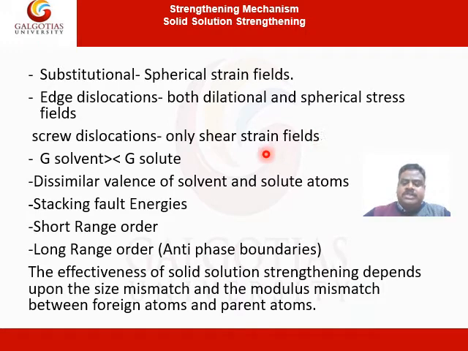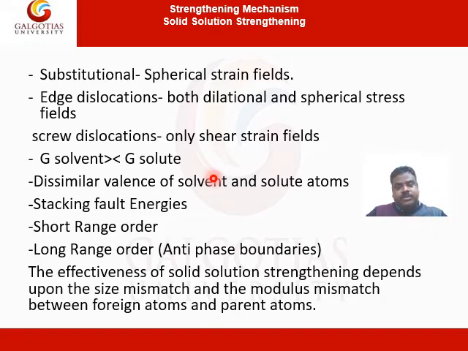Coming to modulus interactions, differences between solute modulus and solvent modulus play a major role in solid solution strengthening. The effectiveness of solid solution strengthening depends upon the modulus mismatch between foreign atoms and parent atoms.